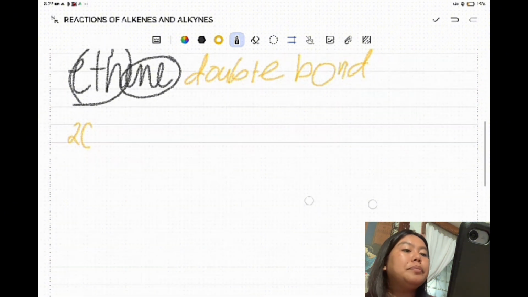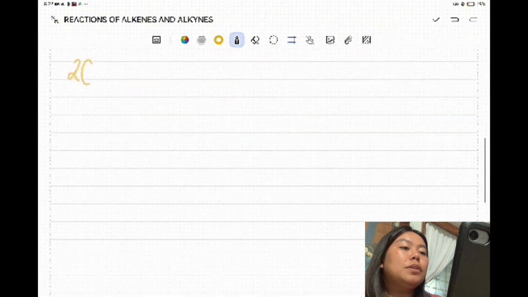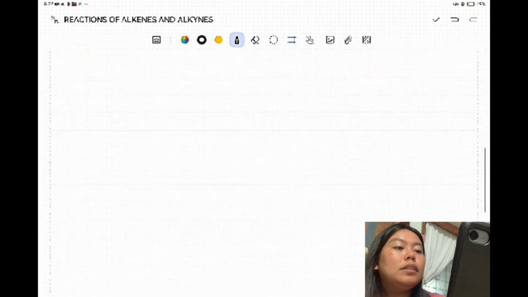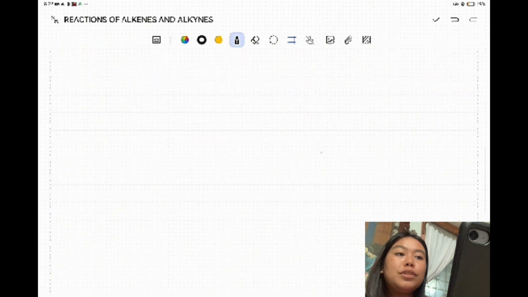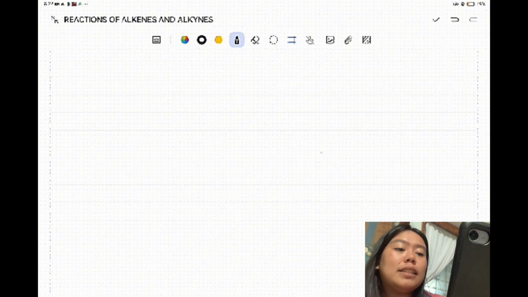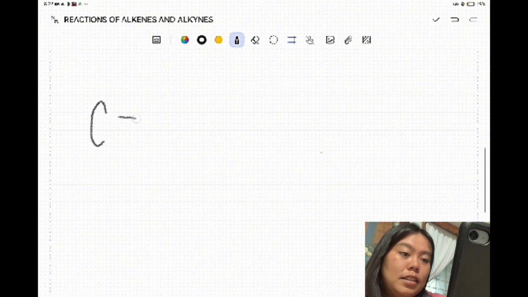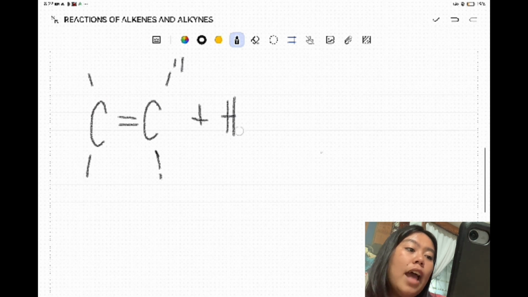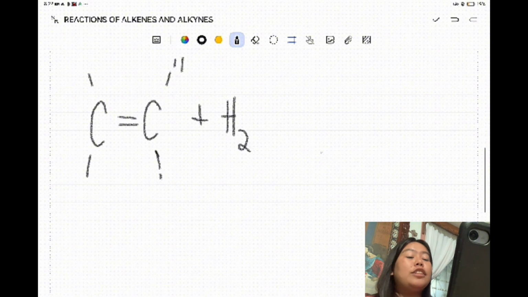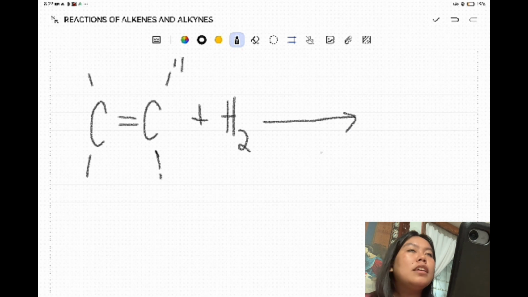So let's draw it. The general structure of the process is like this: each carbon has H, then there is the addition of hydrogen.